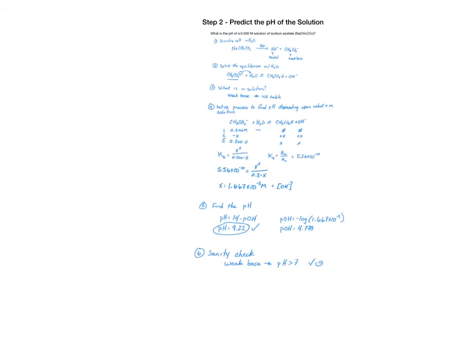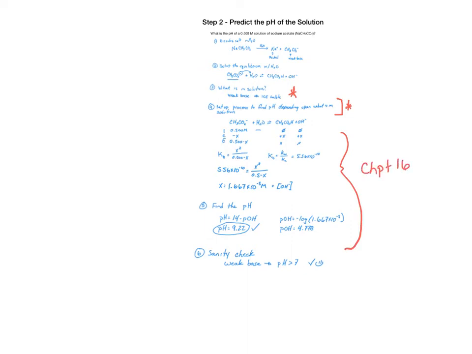Okay, so what I want you to remember is that the key step here is figuring out what is in solution and using that to find the pH. All of this right here, we've already done.